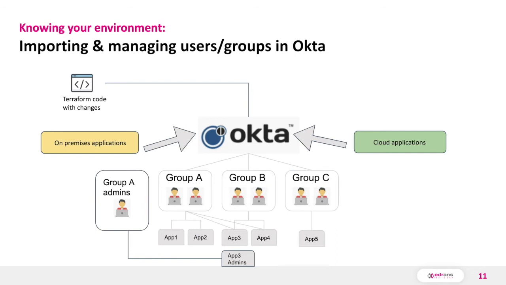Instead, we create another group called Group A Admins and assign this group to the application with the proper permissions. The problem in this case is that there was a constant flow of people entering and leaving the company, making this task harder and harder to manage across time for the business integration team.